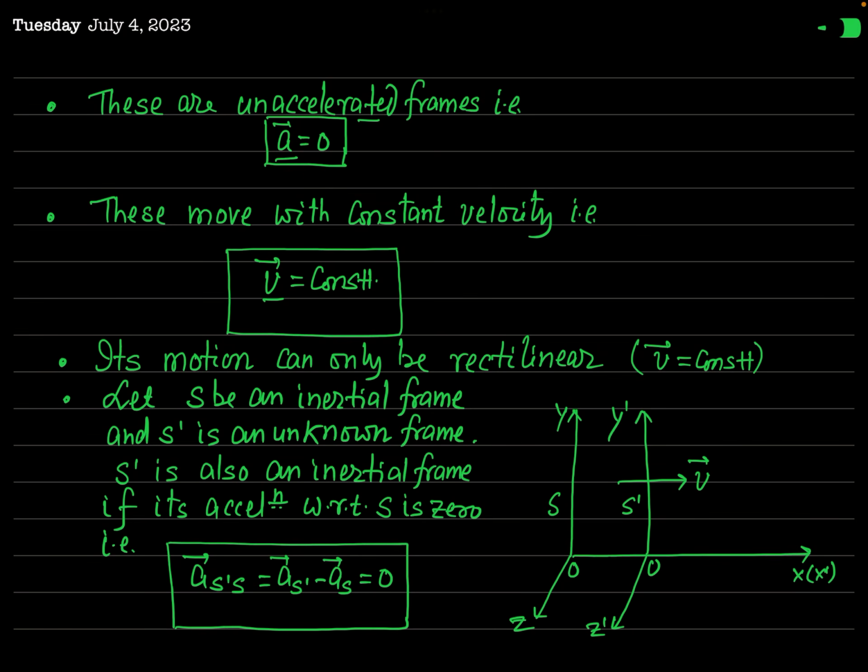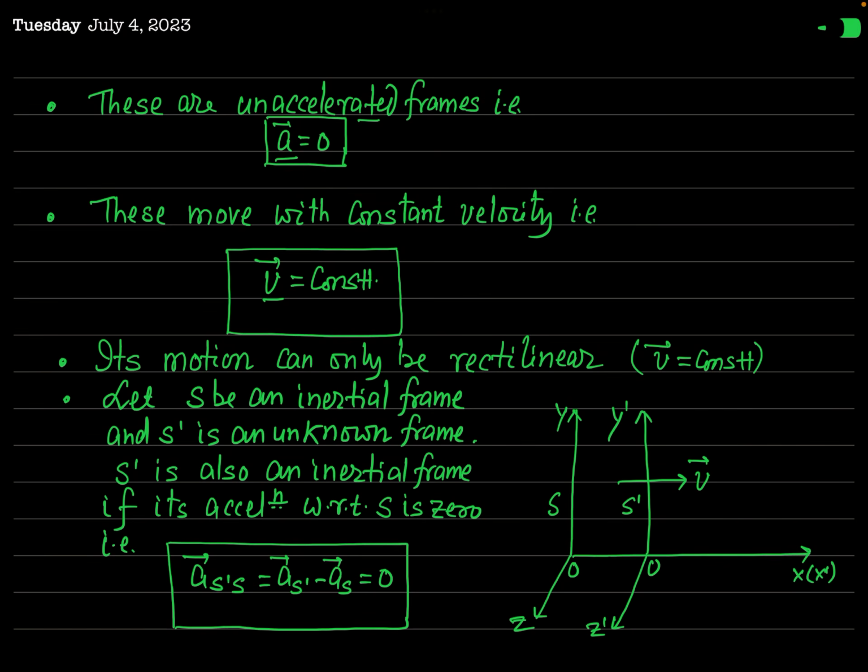So you can easily say that any rotating frame is never an inertial frame. Our chapter is motion in rotating frame, but that rotating frame will never be an inertial frame. That will actually be a non-inertial frame. You will see later. Okay. So I think you have understood what an inertial frame is.